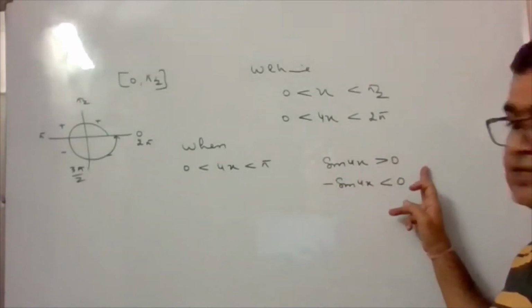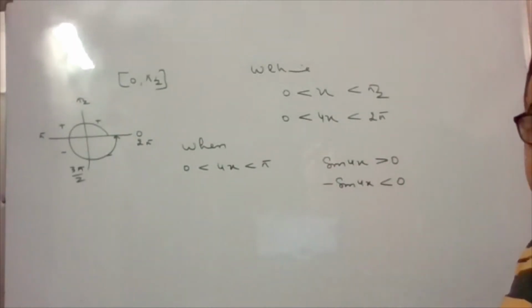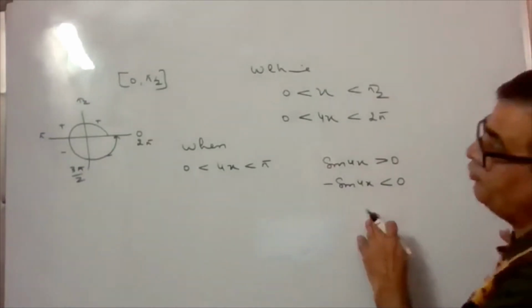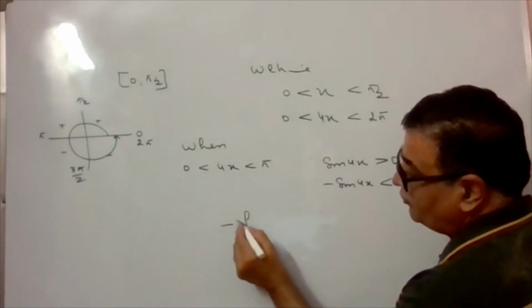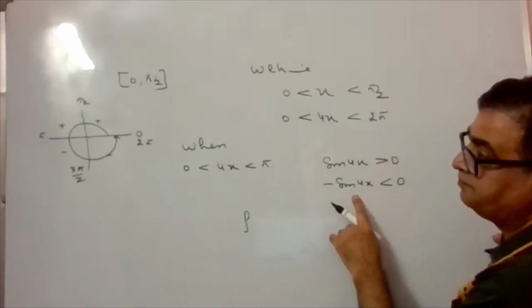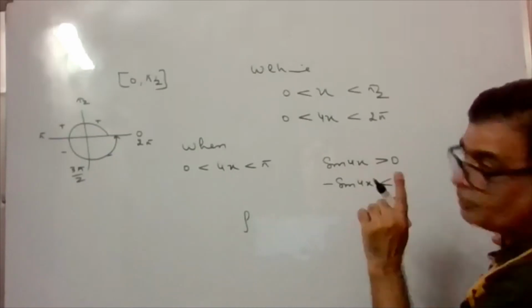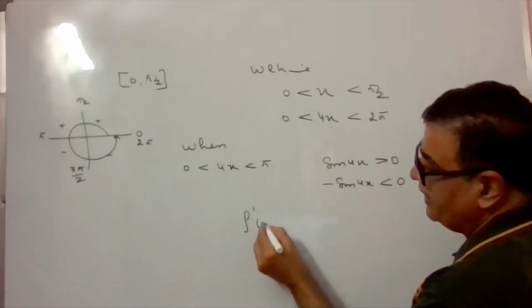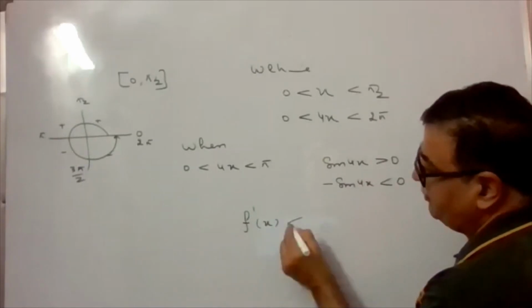Minus sin 4x was your f dash x, so f dash x is coming negative.